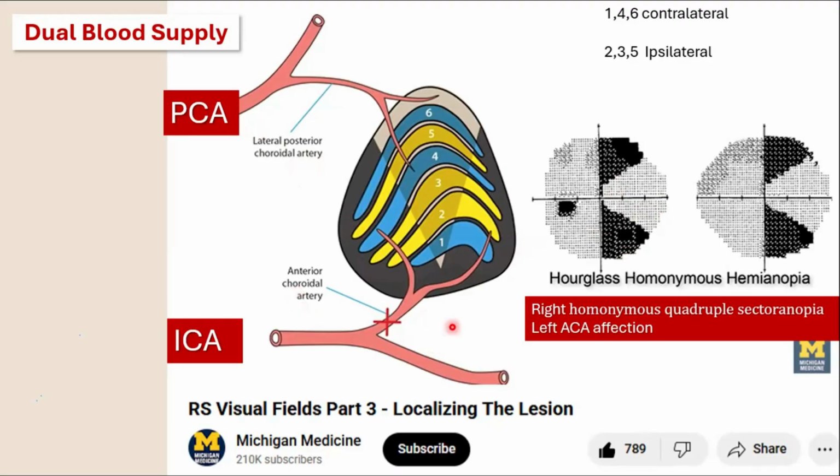So in such a case, in a schematic representation, there is an obstruction, let's say a stroke or infarction, of the anterior choroidal artery, and that's why the field defect is in the upper and lower. So we have something called homonymous quadruple sectoranopia. Quadruple, because this is like four quadrants: 1, 2, 3, 4.